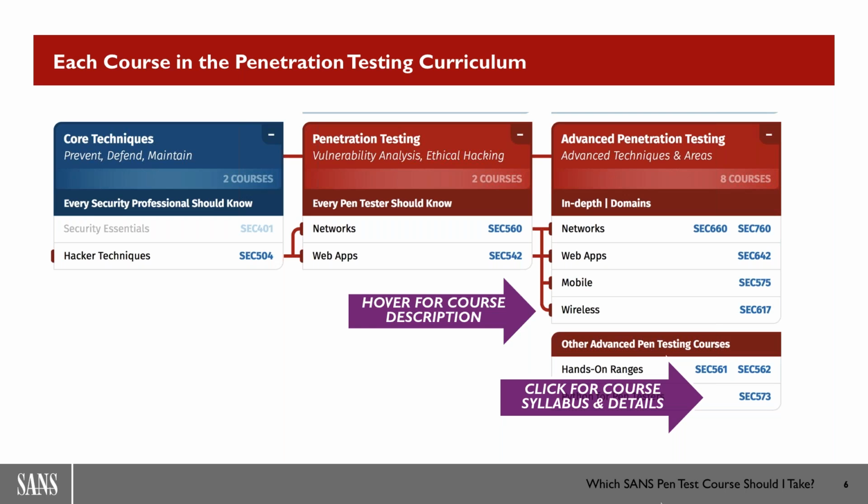And then if you want to get even more detailed, or maybe you already come to the table with a whole bunch of skills, you might want to go into something like SANS Security 660, which is advanced pen testing, or 642, which is advanced web app pen testing, and more. And there's other courses in here, including hands-on cyber range courses like SANS Security 561 or SANS Security 573. You click on any one of these, and it gives you all the detail for the course. You see? Let's go on to the next slide.